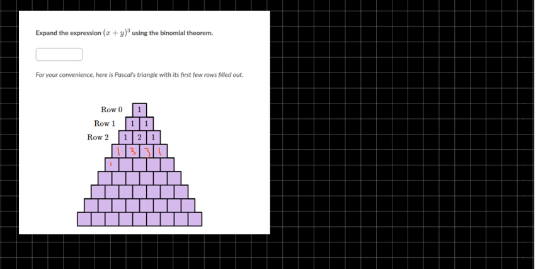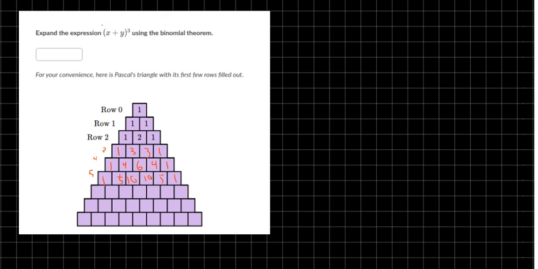I'm going to start and end every row with 1, and then I'm going to add the boxes above them. 1 and 3 is 4, 3 and 3 is 6, 3 and 1 is 4. I'm going to do one more row. 1 and 4 is 5, 4 and 6 is 10, 6 and 4 is 10, 4 and 1 is 5. So there are rows 2, 3, 4, and 5.